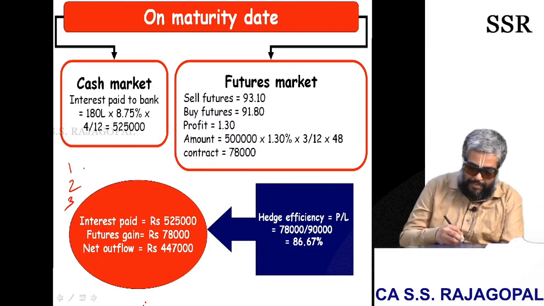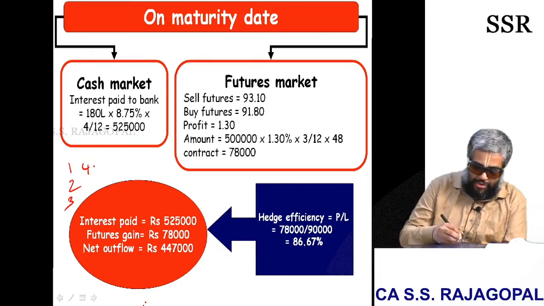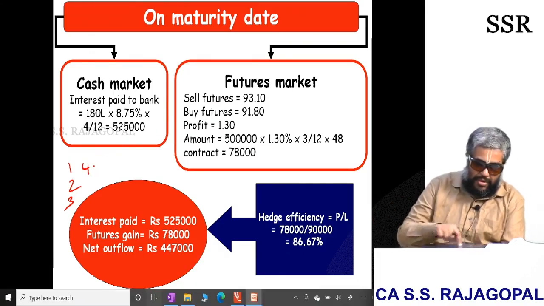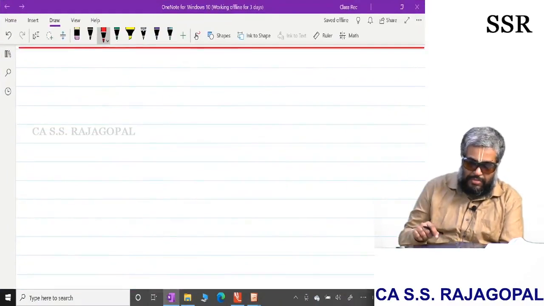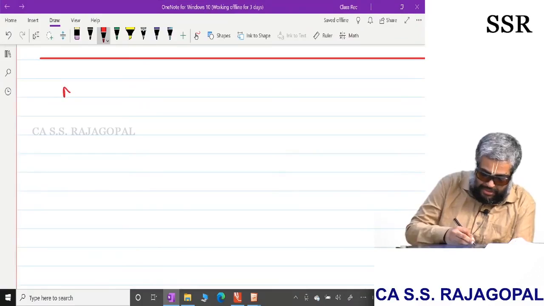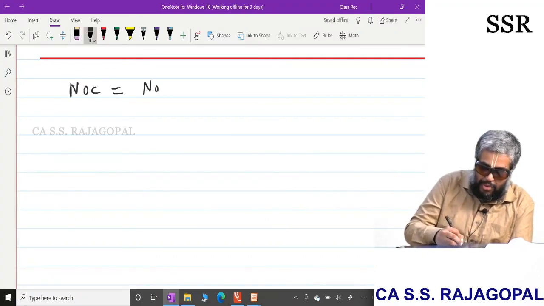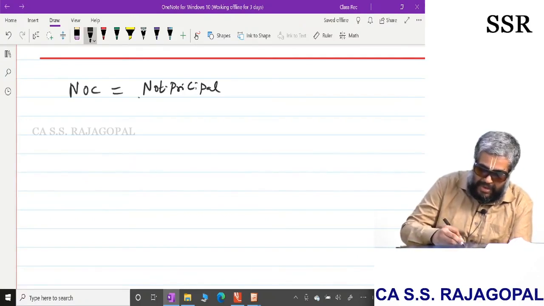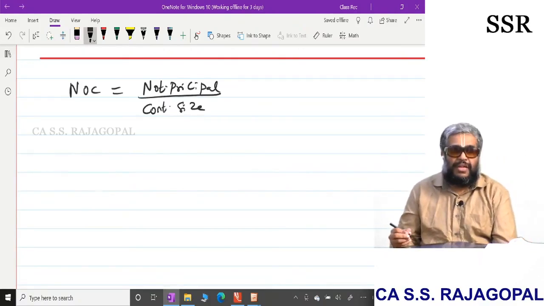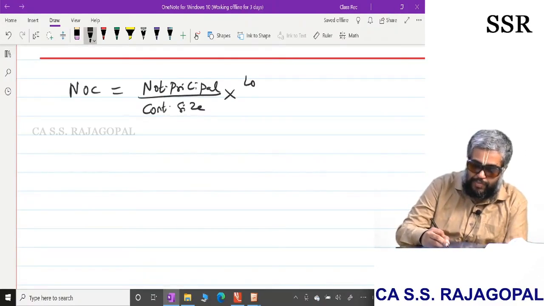Point number 4. Number of contracts is equal to notional principal divided by contract size, into loan or deposit period.